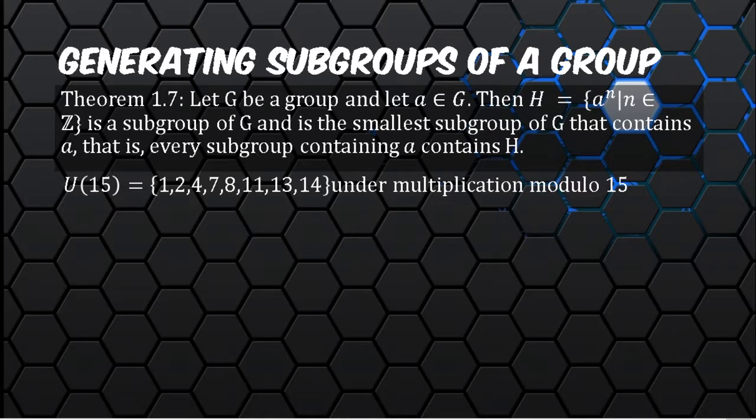So, of course, 1 is included because the GCD of 1 and 15 is 1. Also, the GCD of 2 and 15 is 1. Hindi kasama dyan yung 3 kasi 3 and 15, their GCD is 3. Divisible ang 15 ng 3. So, yun yung basis natin kung paano natin nabuo yung U of 15.